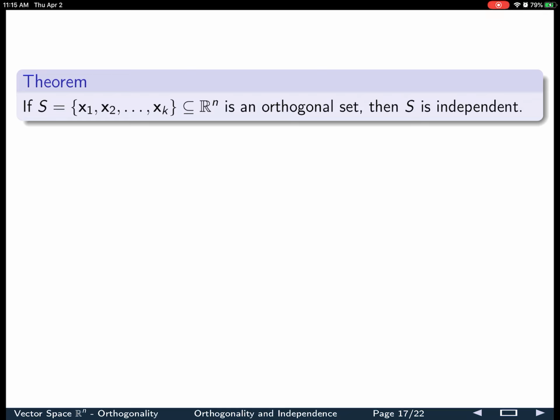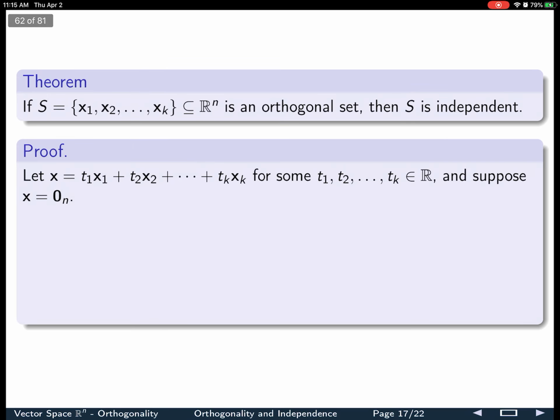Let's see. We've got an orthogonal set, then it's independent. I mean, that's really pretty obvious. Again, this is going to be pretty mathy. A normal person wouldn't even think to prove this necessarily, but in some instances, it's good to know that this definitely causes things this way.